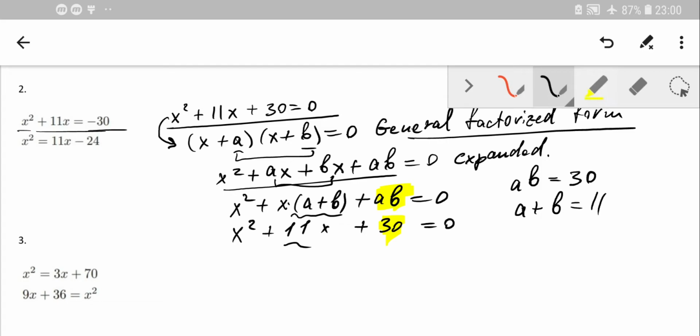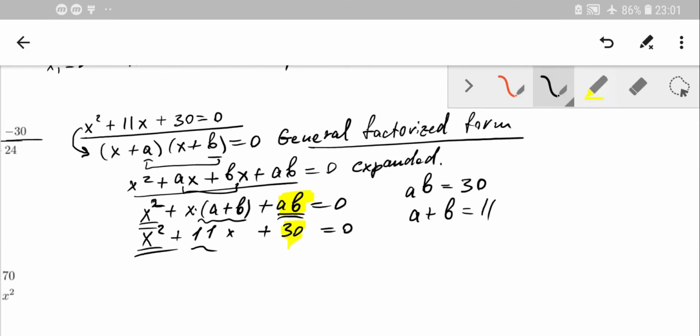That's why we can make a comparison, term by term. For example, x squared we don't compare because they're simply the same. So we have the product ab to be 30 and a plus b to be 11.